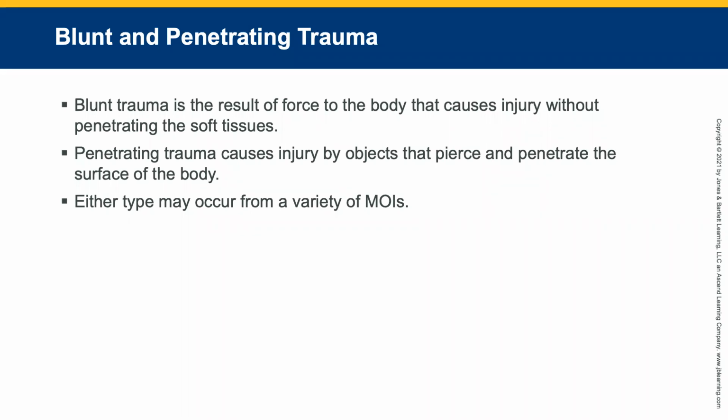It's not penetrating, it is a big blunt object hitting you. Now, penetrating trauma causes injury by objects that primarily pierce or penetrate the surface of the body and cause damage to soft tissues and/or organs and body cavities. That's like me taking a knife and stabbing you. Either type may occur from a variety of MOIs.